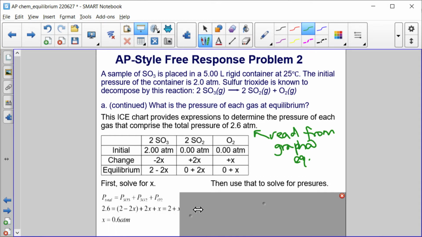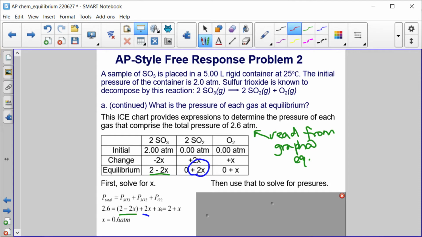So to solve for x, the total pressure is just the sum of each of the partial pressures, SO3, SO2, and O2. So we just substitute the pressure for SO3, 2 minus 2x. The pressure for SO2, 2x.